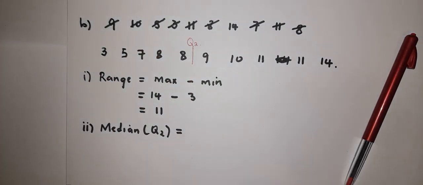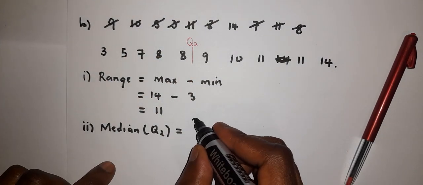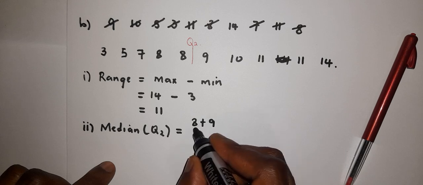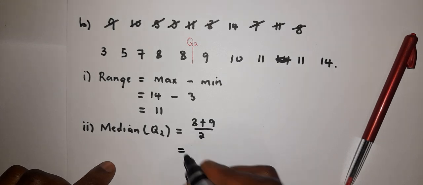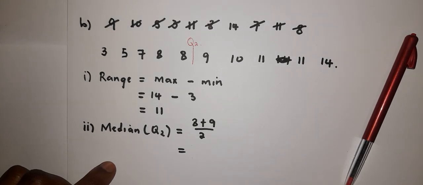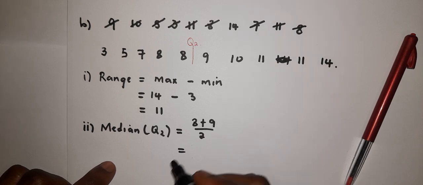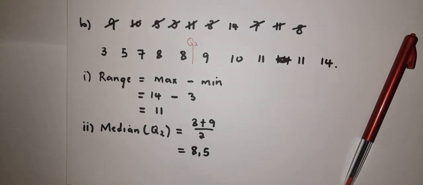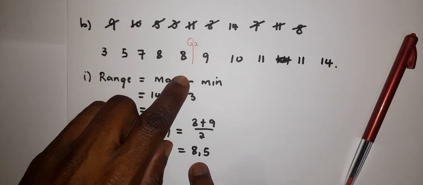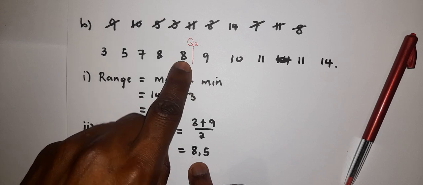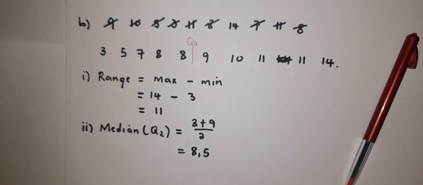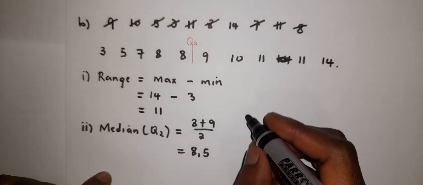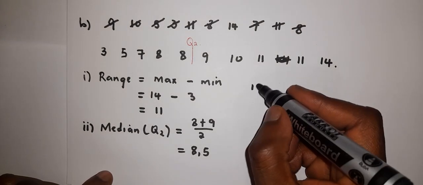If it's between 2 points, you take those 2 points, 8 plus 9, you add them up, you divide by 2. Then we get our median to be 8.5. The median is between 8 and 9, so it must be greater than 8 but less than 9, which qualifies 8.5.